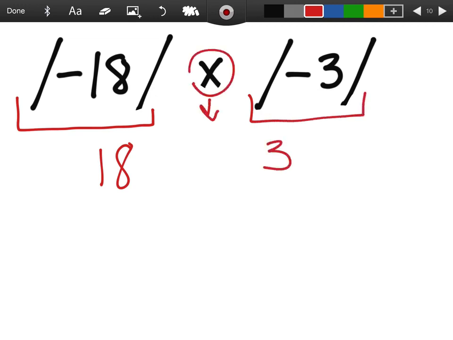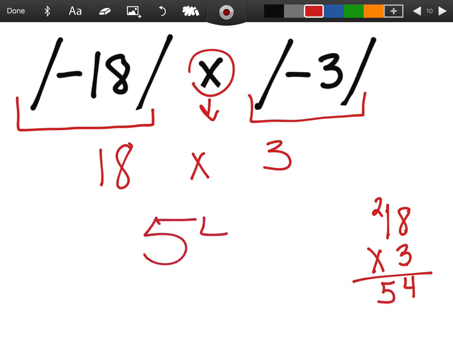Again, my multiplication symbol comes down. 18 times 3. Again, if I can't see this horizontally, I am just going to switch it to vertical. 3 times 8 is 24. 3 times 1 is 3, plus 2 is 5. So my solution is 54.